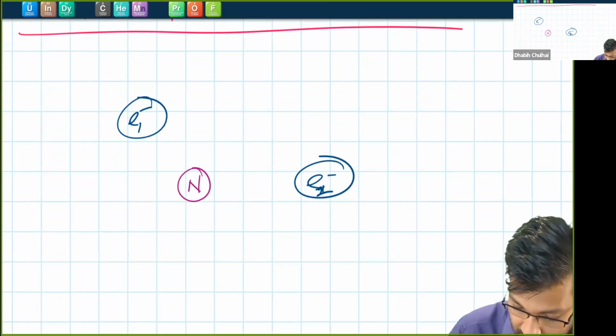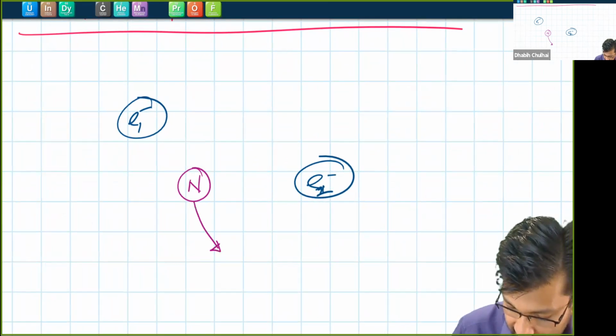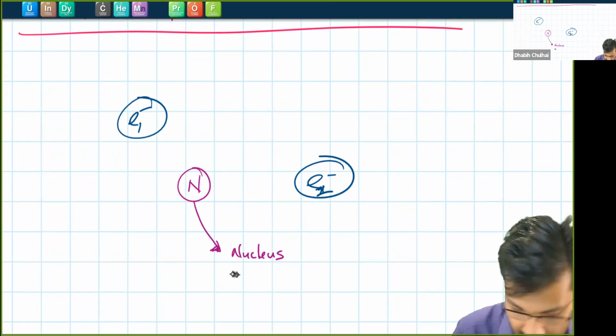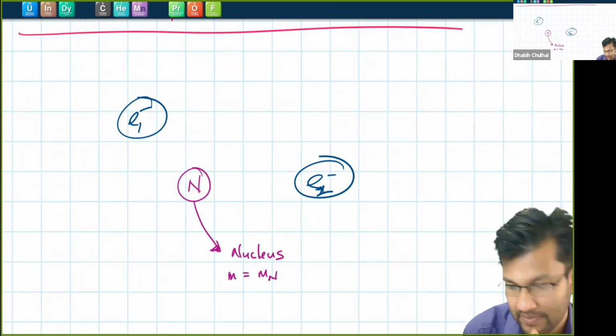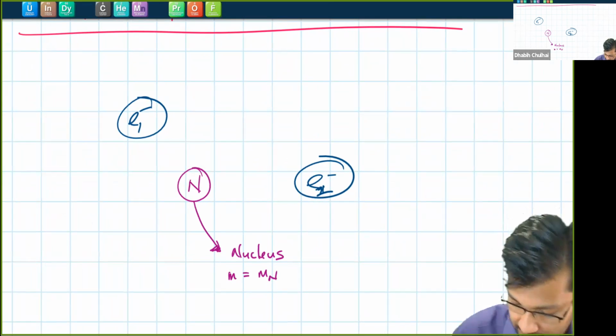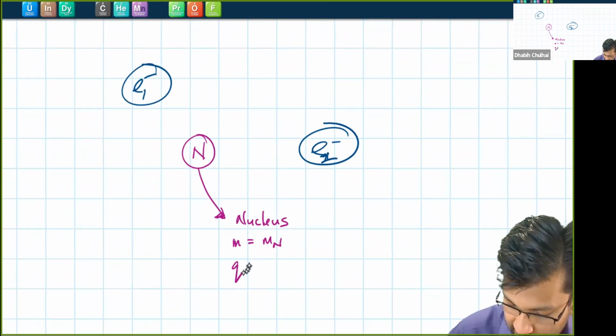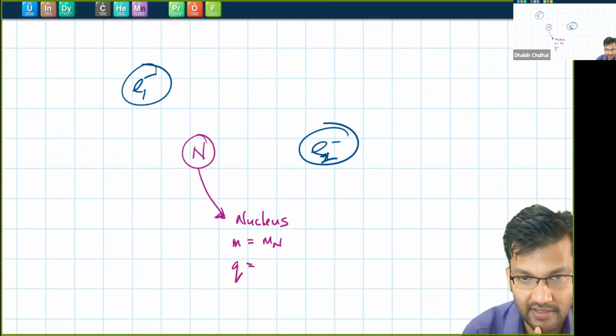So the nucleus here, right, this is the nucleus. We're going to say that the mass of the nucleus is going to be m subscript n, just to keep it simple, right? The mass of the nucleus. The charge on the nucleus, what's the charge on a helium nucleus?